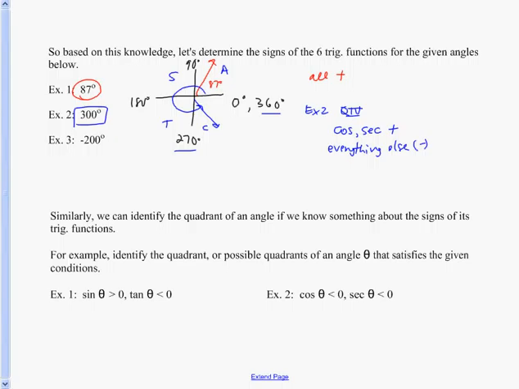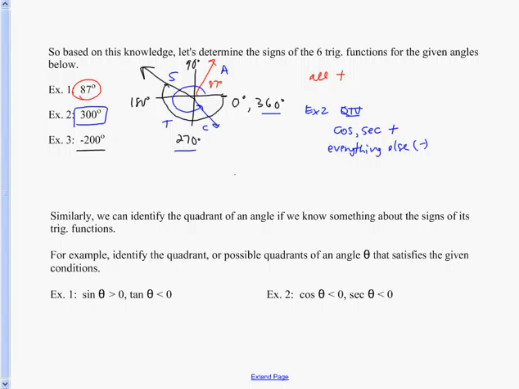And then the last one is negative 200 degrees. Now this is where drawing comes in handy. Remember, a negative 200 moves you clockwise rather than counterclockwise. So this is 0 starting here. I'm going to move a negative 90, a negative 180, and 200 should land me somewhere in here.